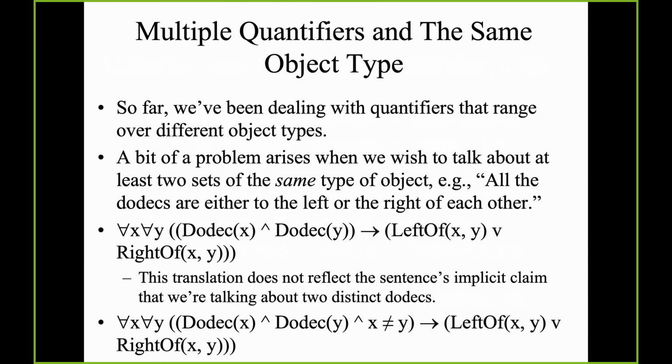Okay. So one thing that's going to come up for us when we're dealing with quantifiers that range over two different sets of objects, let's again say that we're talking about Tarski's world, the objects are of the same type.